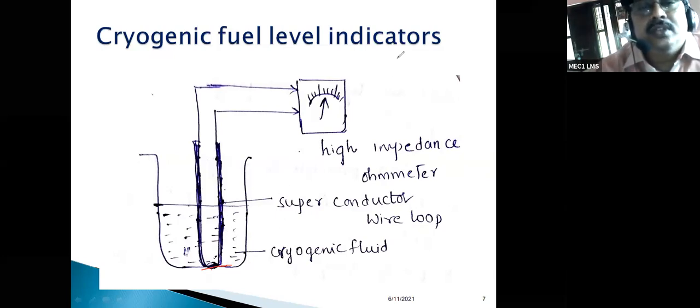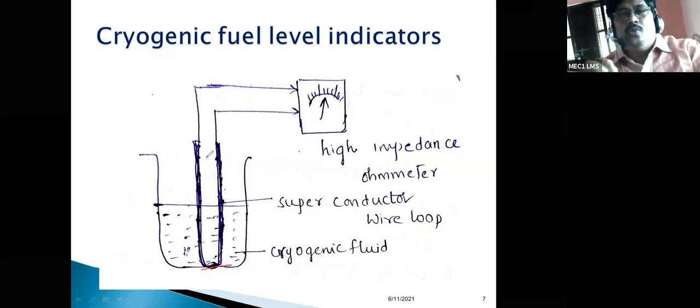All of you listen here, with just two sentences we can close the class. Simply, what we have to understand is that we insert this superconductor wire into the fuel in a tank whose level has to be measured. The superconductor wire should touch the bottom. A fluid is either in the form of a liquid or a gas, right?